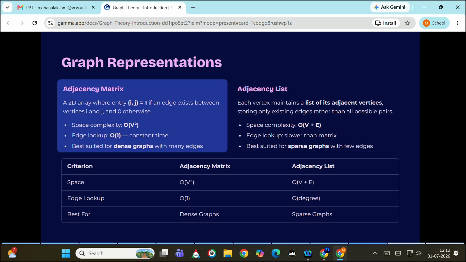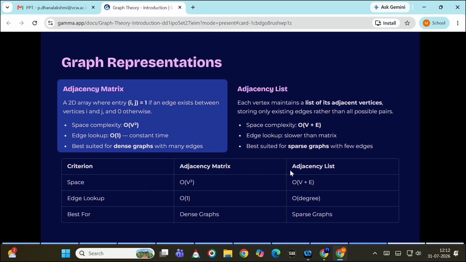Adjacency list. Each vertex maintains a list of its adjacent vertices, storing only existing edges rather than all possible pairs. Space complexity O of V plus E. Edge lookup slower than matrix. Best suited for sparse graphs with few edges.